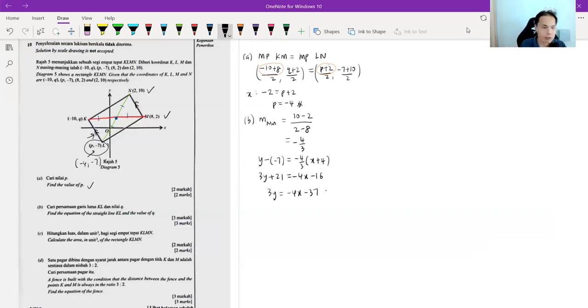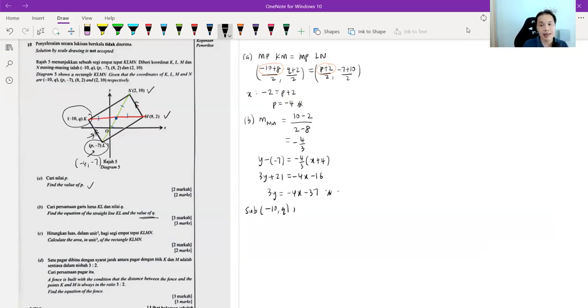Now you can write in any form if you want, but here the question never specified to write in general form or gradient form, so I can actually leave it like this. Okay, then they say find also the value of Q. So actually we can find Q by using the midpoint earlier, but since they asked us to form the equation of the straight line first, we can substitute the coordinate minus 10, Q. Why?